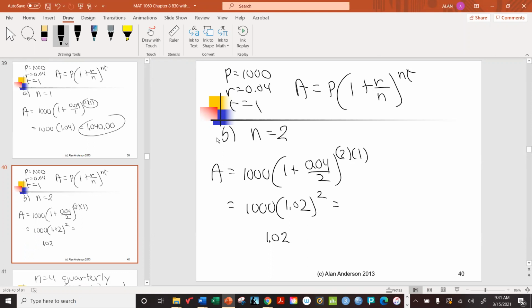I'm going to do it along with you. But you can't always count on that button being there. So you put 1.02, square it, and then multiply by 1,000.